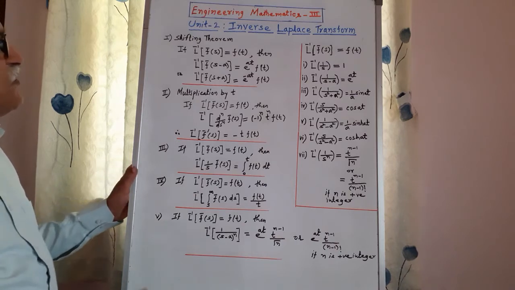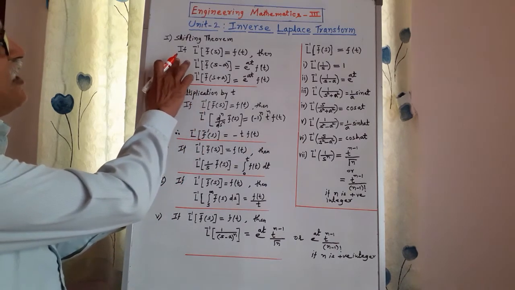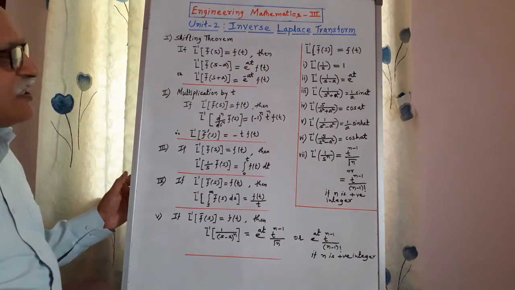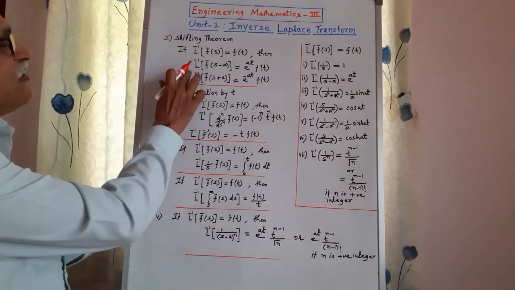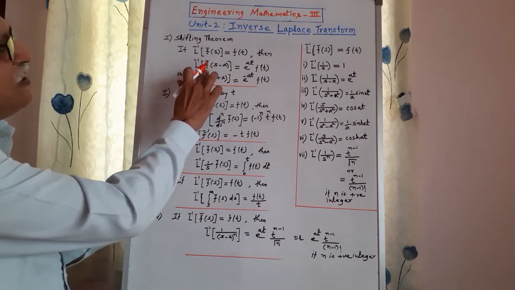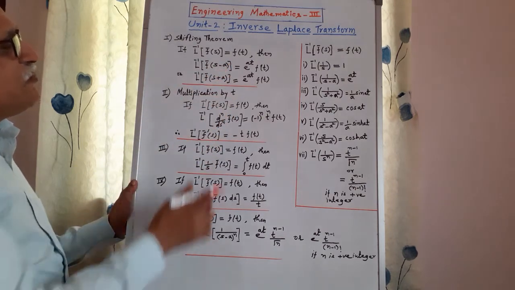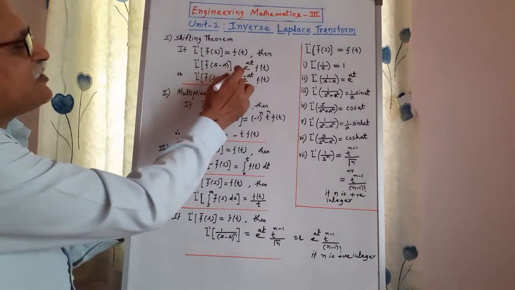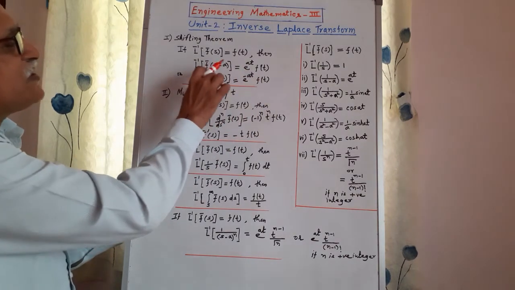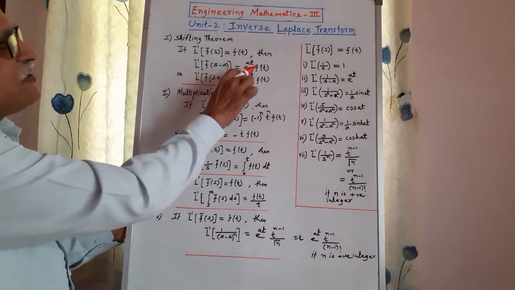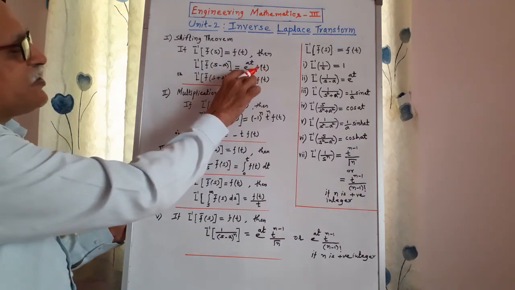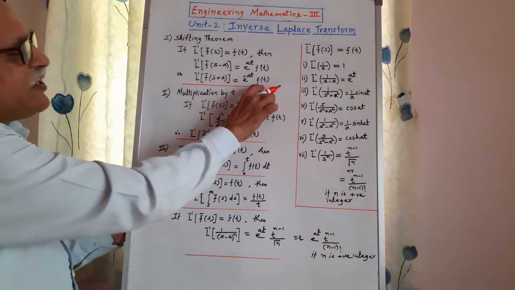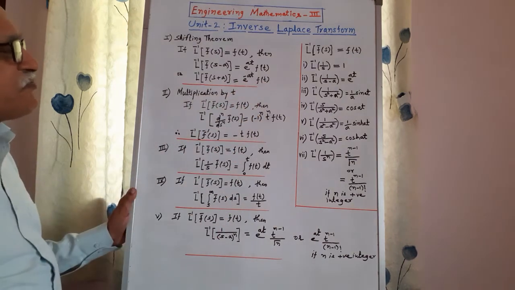The first one is shifting theorem. Its statement is like this: if inverse of f bar of s is f of t, then inverse Laplace of f bar of s minus a, means s replaced by s minus a or s replaced by s plus a, is equal to, when it is f bar of s minus a, f of t multiplied by e raised to at, and when it is f bar of s plus a we have to multiply f of t by e raised to minus at.